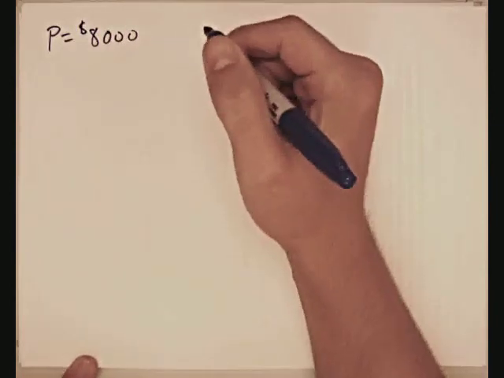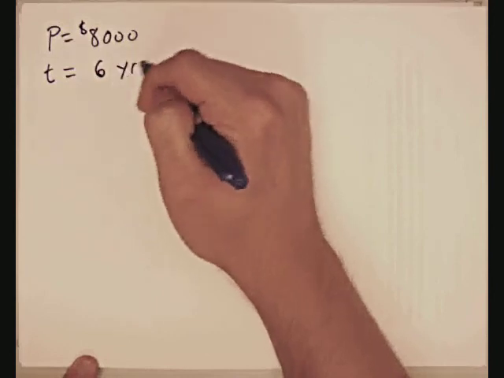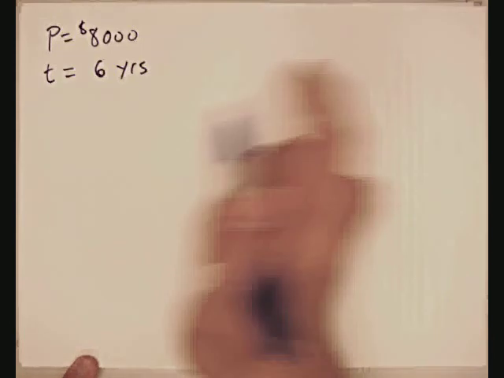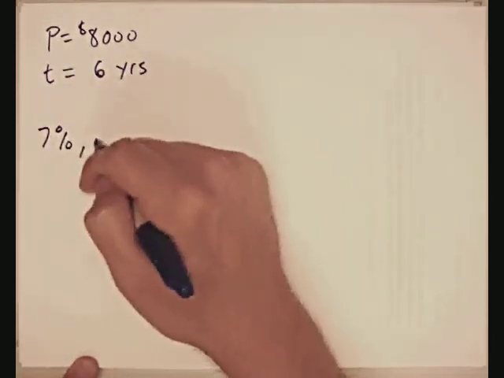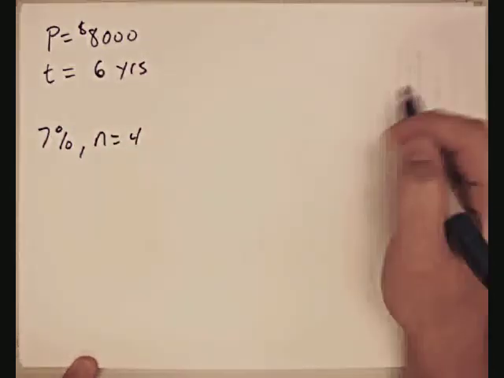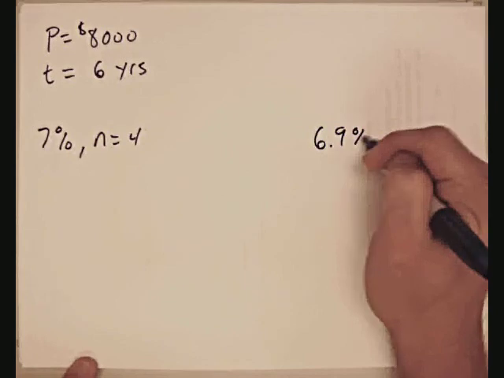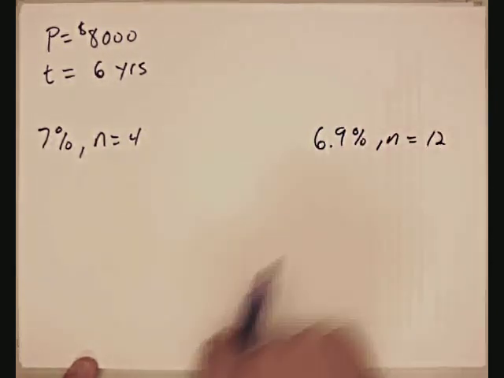And it says we're going to invest for 6 years. The difference on this one is we're going to have one situation with 7% interest compounded quarterly, quarterly meaning 4 times per year, and a separate situation where we will have 6.9% interest compounded monthly, being 12 times per year.